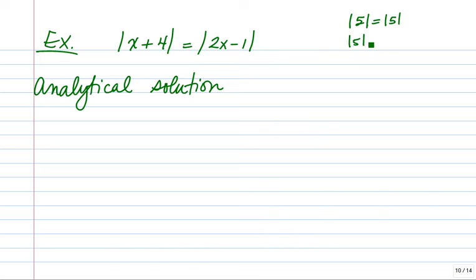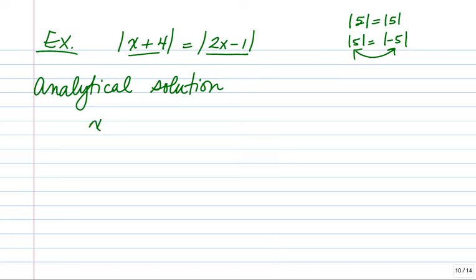But we could also have that the absolute value of 5 is equal to the absolute value of negative 5, right? We just learned that in one of the properties we talked about. So there are two ways that make this statement true. So if I have absolute value equal to absolute value, it must be that the inner expressions are either equal or they're opposites. And so what we would do is rewrite this into two equations.